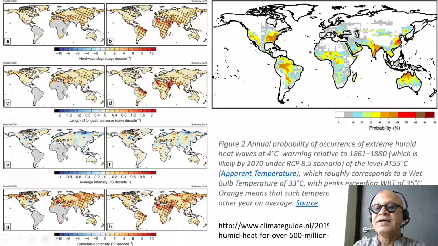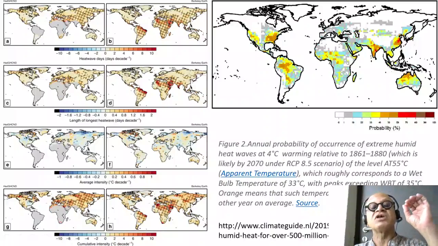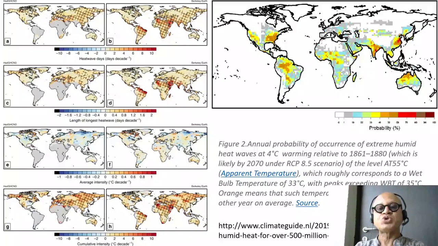So this is the level of apparent temperature 55 degrees centigrade, which roughly corresponds to a wet bulb temperature of 33 degrees centigrade, with peaks exceeding 35 degrees centigrade. 32 degrees centigrade of wet bulb temperature is what we considered dangerous for humans because the body is unable to get rid of the humidity. Long story short, there is disparity again.